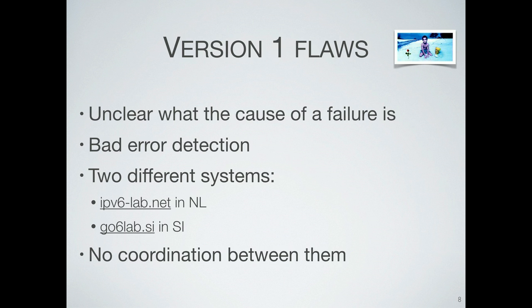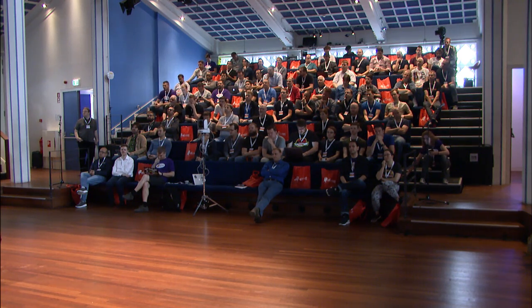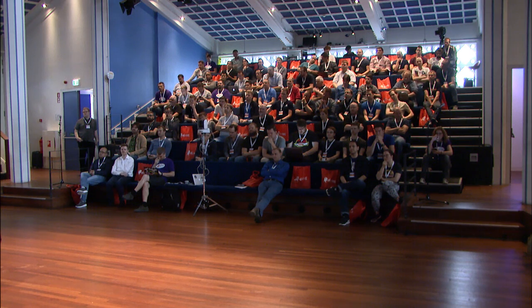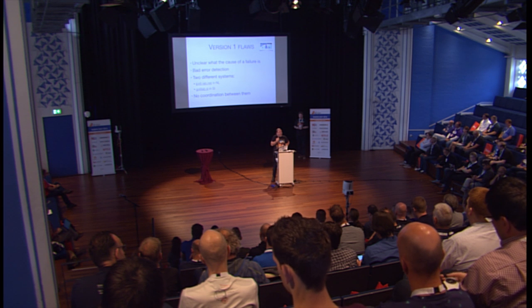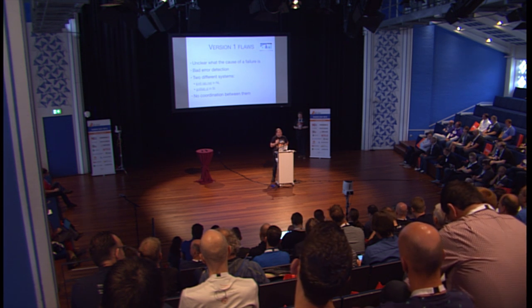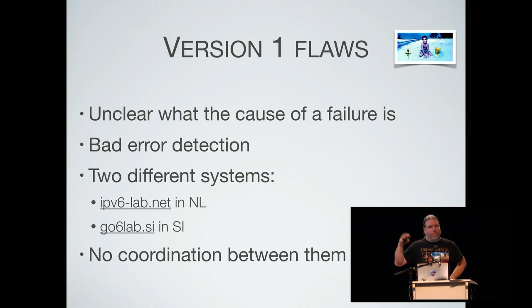And let's talk about it, because we figured out that there are some flaws. With version 1, it was quite unclear what the cause of failure was. Because I was part of the team that built the tool, I could figure out from the information what was wrong. But somebody who is not very familiar with IPv6 had no idea.